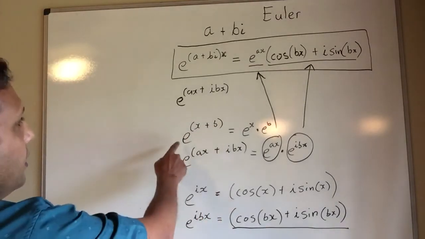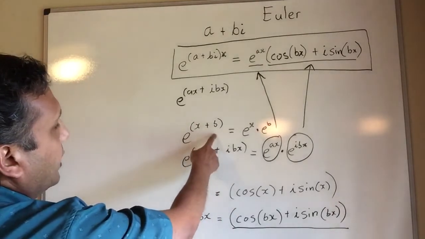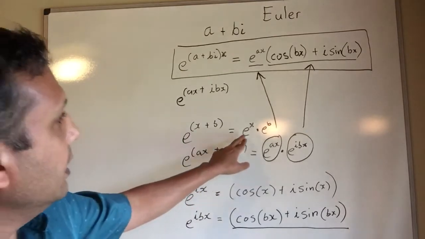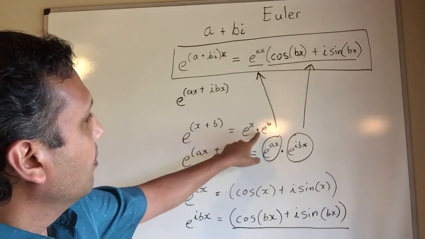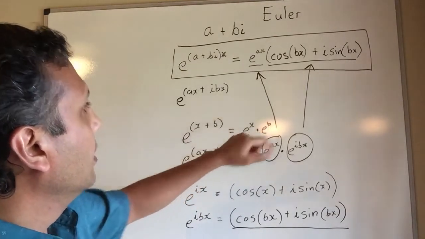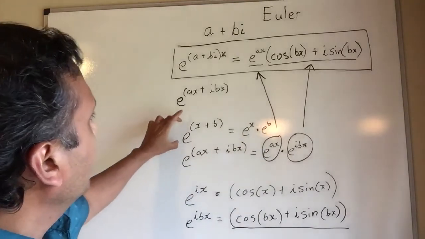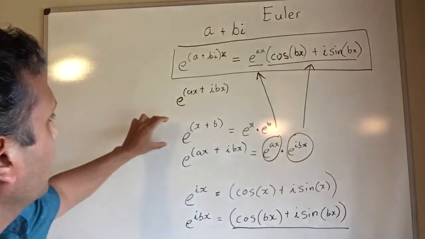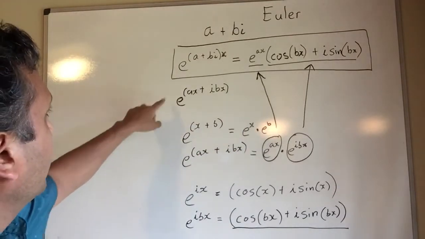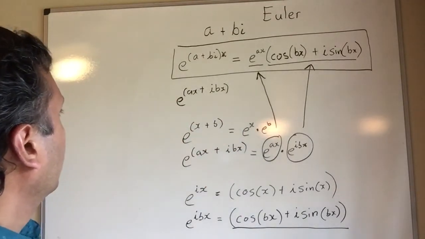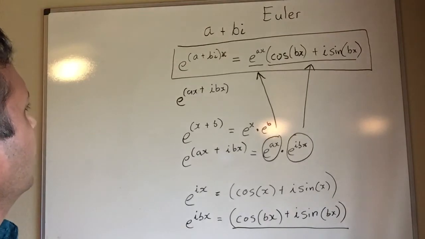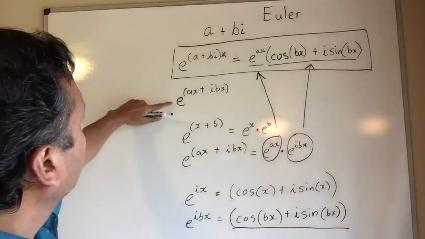So e to the x plus b equals e to the x multiplied by e to the b. So I remembered this rule of exponents, then I applied it to this expression.